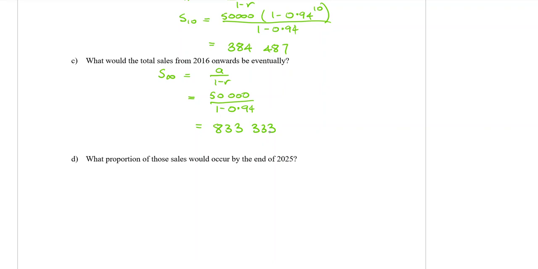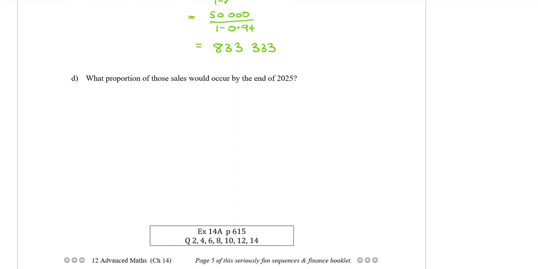If I just wanted the year 2025, it would have been A, but it says how much has occurred by 2025. A lot is hidden in that little sentence. So it was the total amount up to 2025, which means we're going to take the sum of our 10 terms. A proportion is a fraction over the total. And the total number of calculators we're ever going to sell was our limiting sum, our sum to infinity.